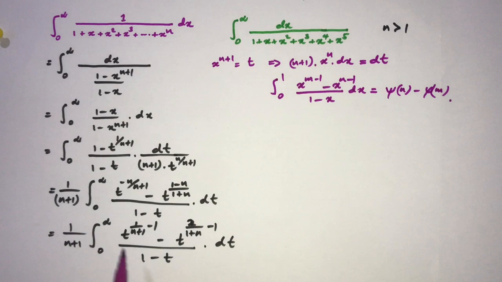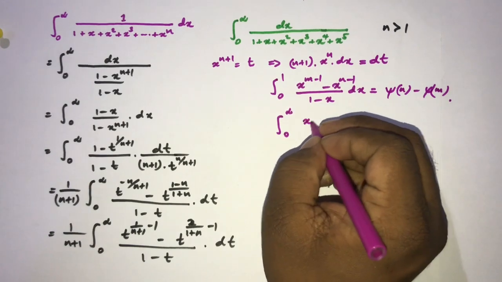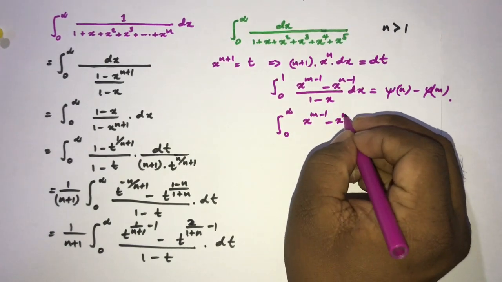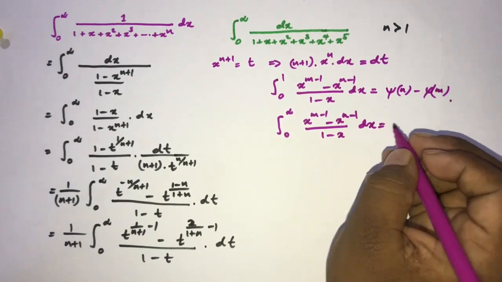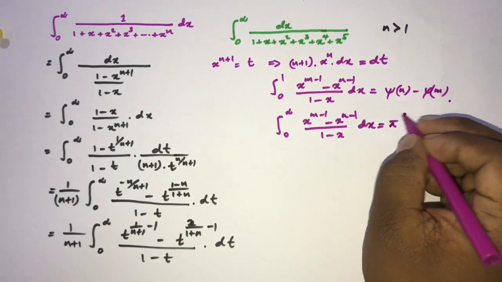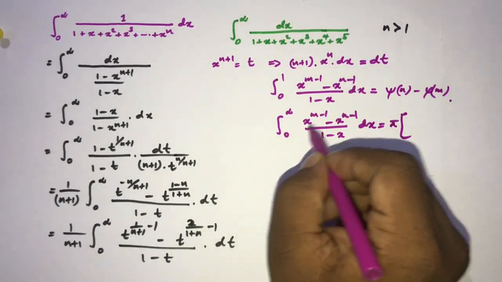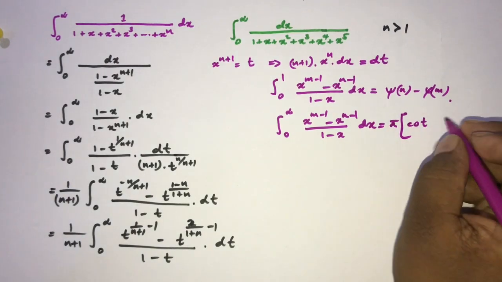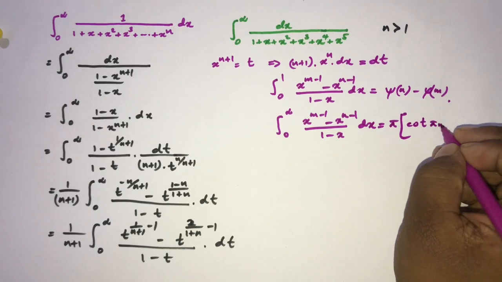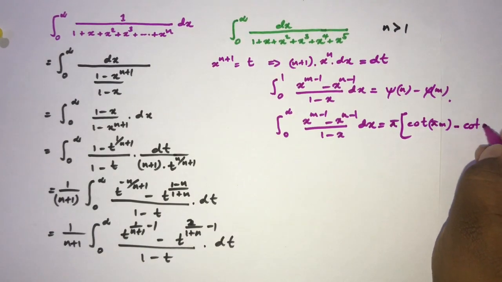But here we have 0 to infinity. Don't worry: the integral from 0 to infinity of x to the m minus 1 minus x to the n minus 1 over 1 minus x dx is equal to pi times the cotangent of pi m minus the cotangent of pi n. I also evaluated this integral eight months ago.